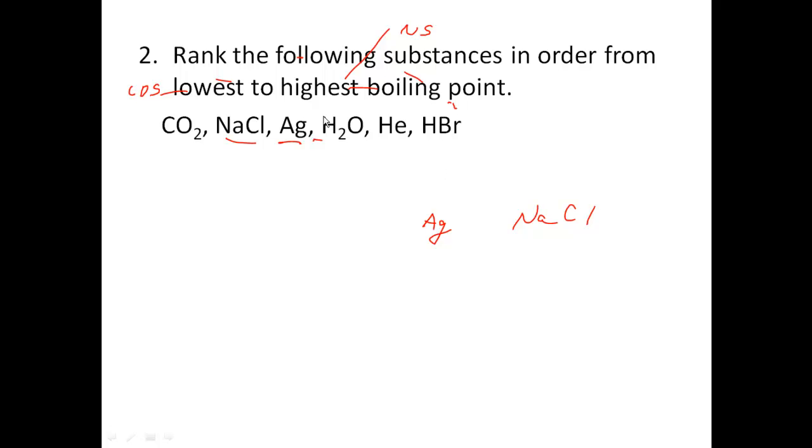Well, we have hydrogen bonding here, so that's going to be H2O. And then we're going to have a dipole, and a dipole would be HBr. And then we are getting into the things that are held together by London dispersion forces, and very weak forces. And helium, because it doesn't bond with anything, is going to be the weakest over here. And then CO2 is going to go in the middle.